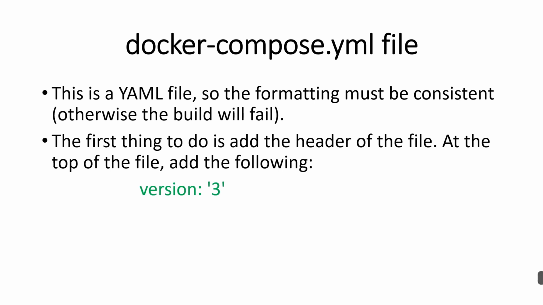Version colon, and in inverted commas we write the version, like 2 or 3. An interviewer may ask what the meaning of version 2 or version 3 is. It's nothing but only the version.